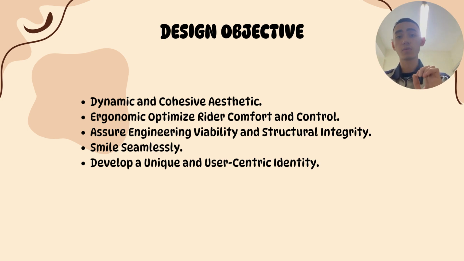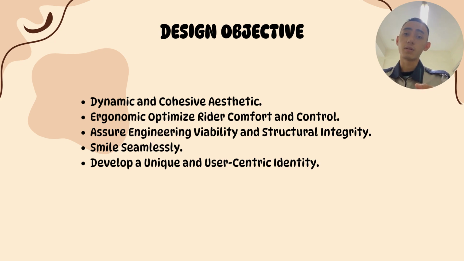The next point is smart and seamless. It means combining beauty and purpose by ensuring every design feature helps cool the engine, improve aerodynamics, and protect both the riders and the bike's internal parts.